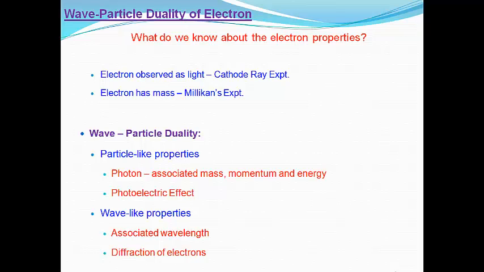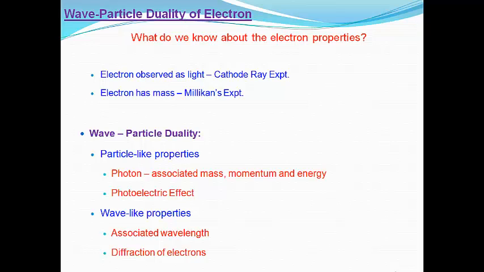Alright. So, what is this wave-particle duality of the electron? What do we know about the electron properties? Well, through experiments such as the cathode ray tube experiment, we saw where the electron outside of the atom, or outside of the cathode, behaved as light. And so we basically have summarized that the electron has wave-like properties.